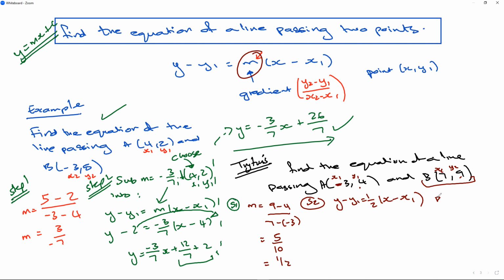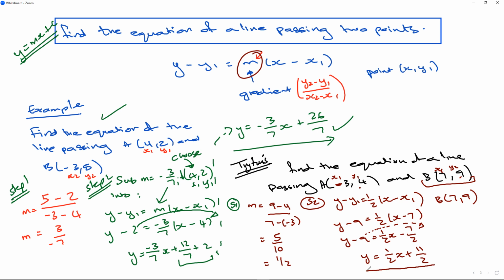So I'm going to substitute B (7, 9) in there, where x1 will become 7, so it'll be half (x minus 7), and y minus 9 equals half x minus 7 over 2, and then adding the 9 on the other side, keeping y alone on the left-hand side. We now have negative 7 over 2 plus 9. Negative 7 over 2 plus 9 is 11 over 2.